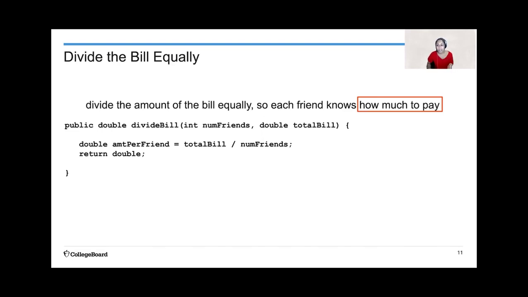And that return statement has to return the same type of information according to what was in the method signature. Since the method signature says that we need to give a double back to wherever it was called, I need to make sure I return a double back to wherever it was called.